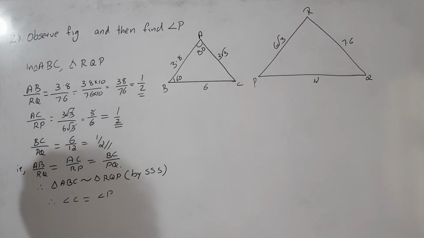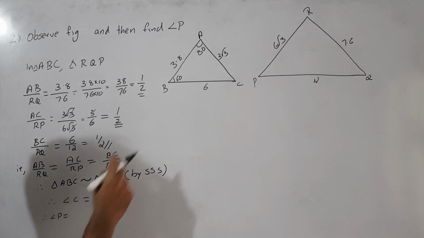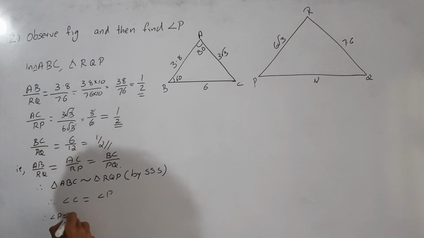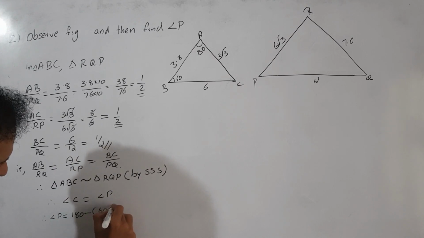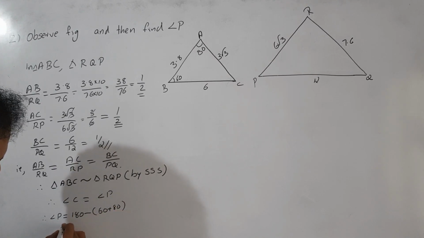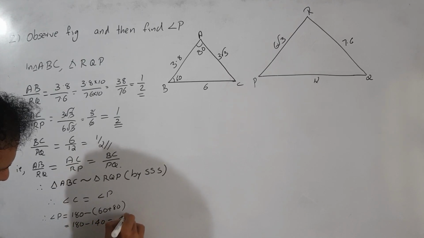Then how to find angle C? Angle C is equal to 180 minus (60 plus 80), which is 180 minus 140, equal to 40 degrees.